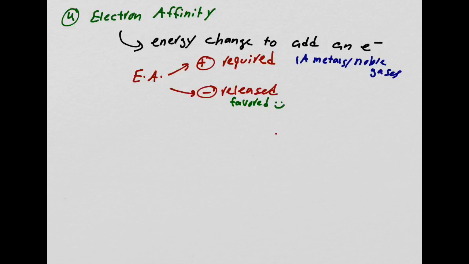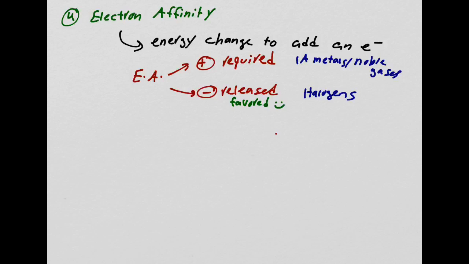They don't want to add an electron. The same thing with 1A metals. They want to lose, they don't want to gain an electron. So because that's not favored for them, to add an electron, electron affinity is required. You require energy to do that. Now, on the other hand, let's look at halogens.